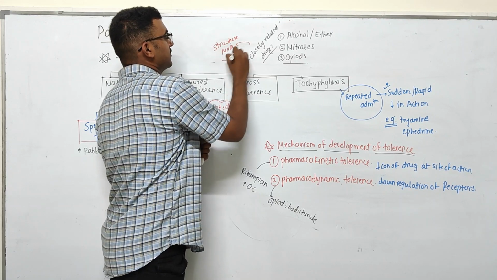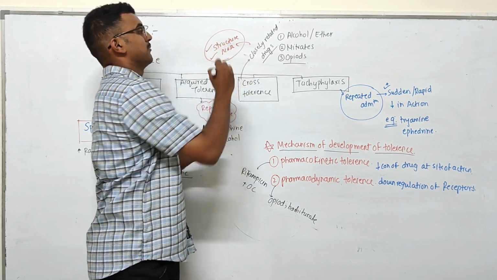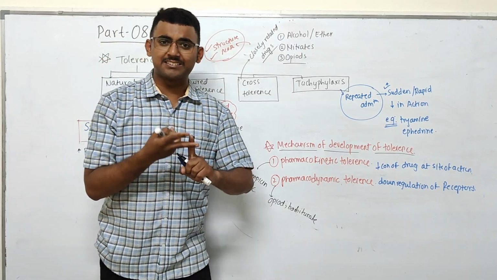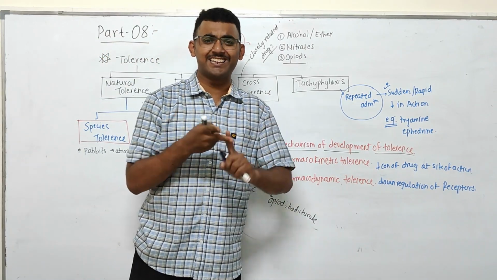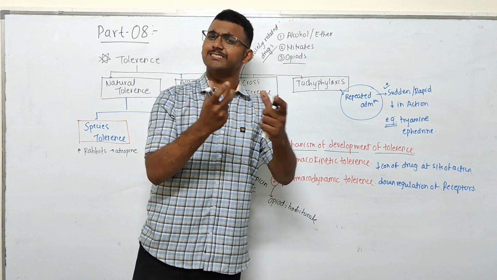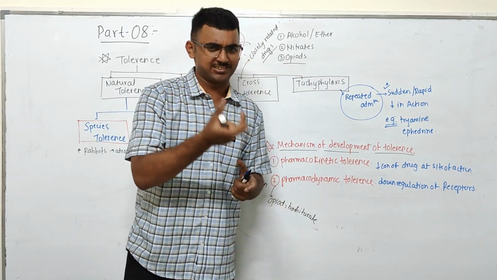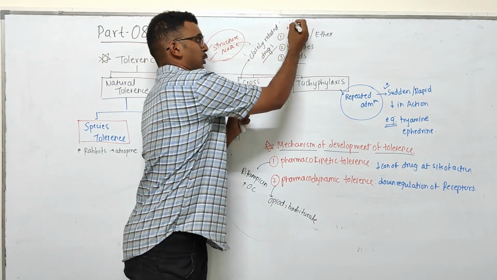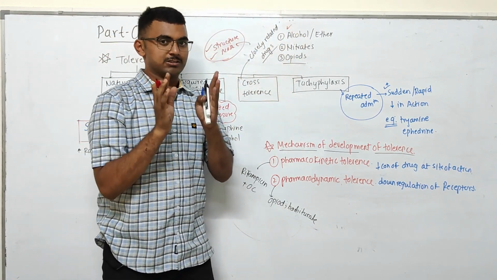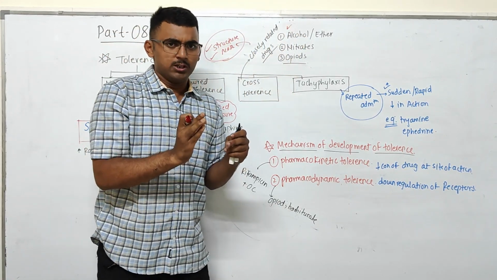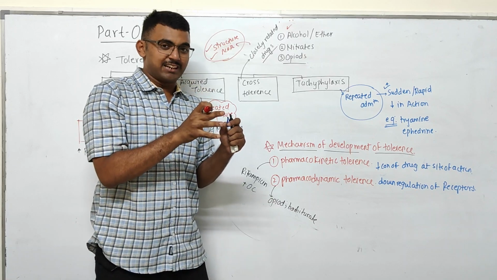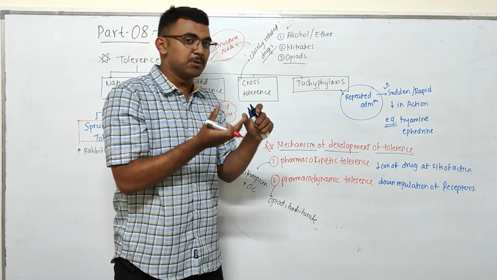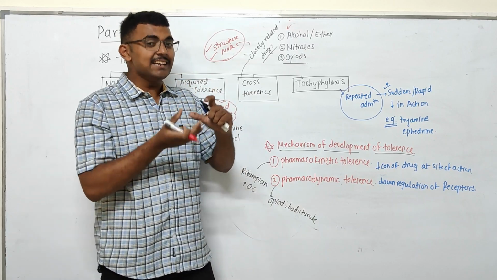For example, alcohol, ether, some opioids, and some nitrates like mononitrate and dinitrate have pretty similar structure and mechanism of action. So if a patient is well tolerated to alcohol, the same patient will be tolerated to ether also, because they are structurally similar.